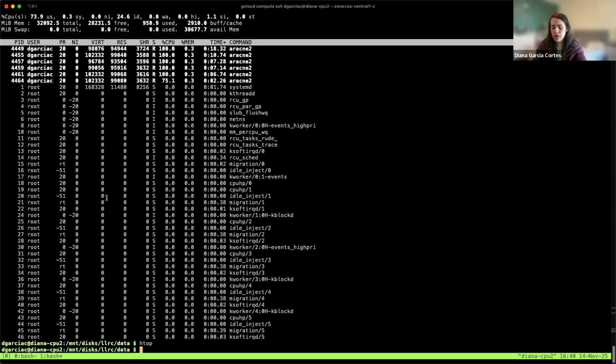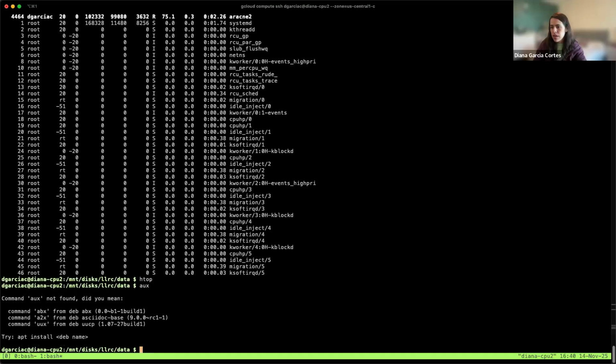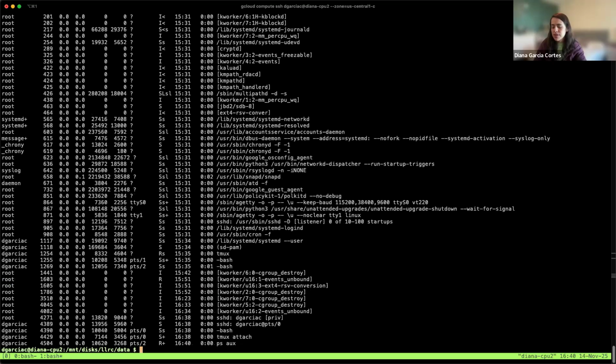Then it also talks about ps aux, that lists all the processes. If you wanna kill a specific process, you can just ps aux and then grep to find something that you're interested in.